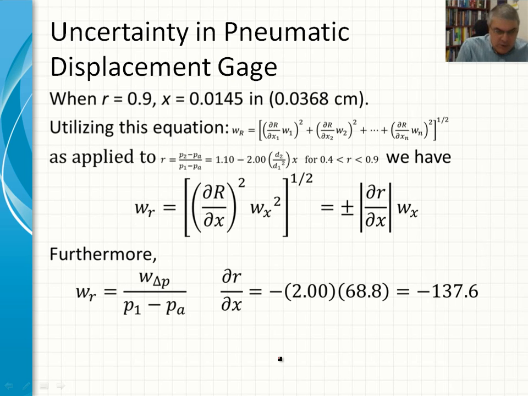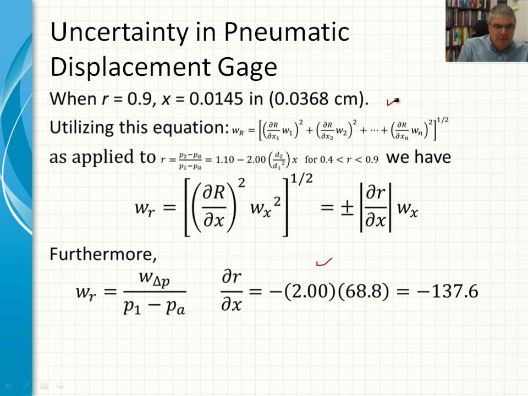And we also can do similar calculations, except this time we are going to put the upper bound R, which is 0.9, and as a result, X would be 0.0145 inches, that would be 0.0368 centimeter. I expressed both units here to be consistent with our learning objectives.